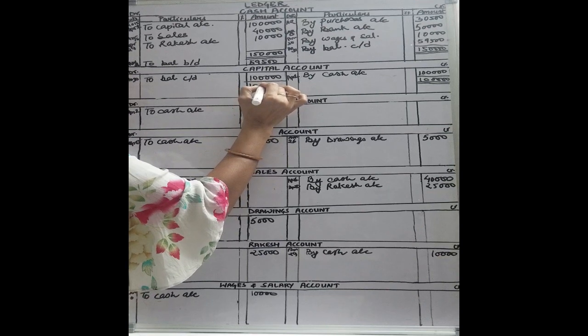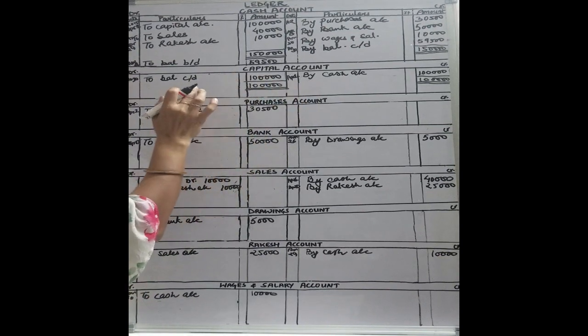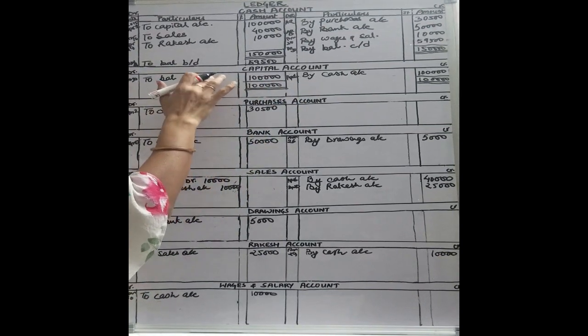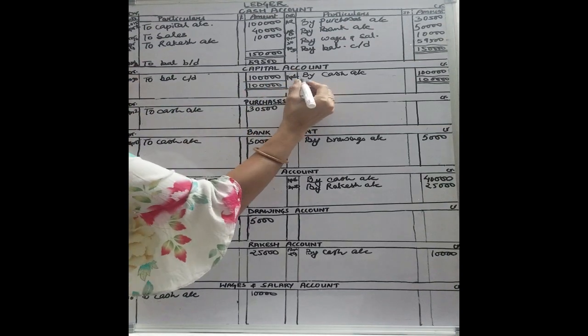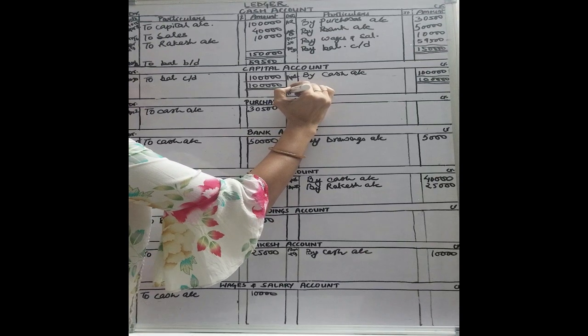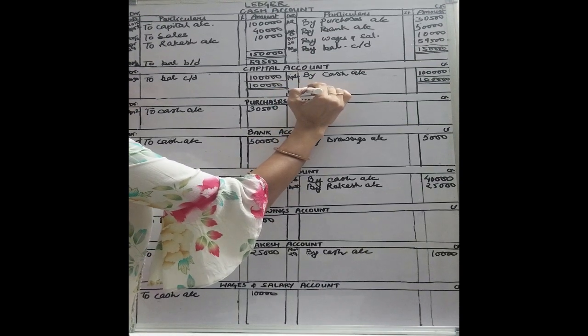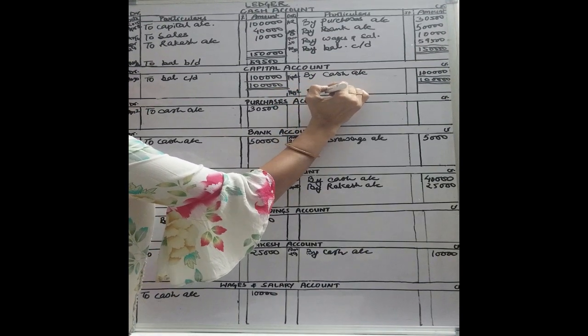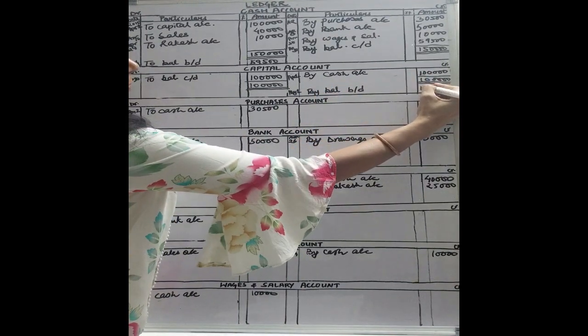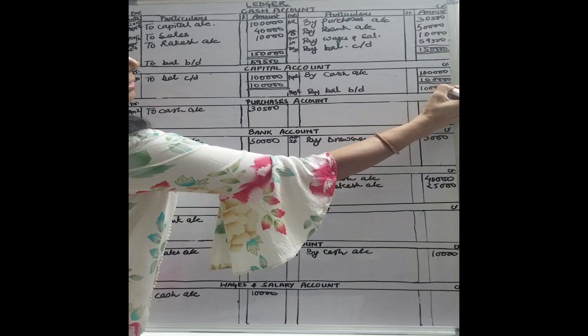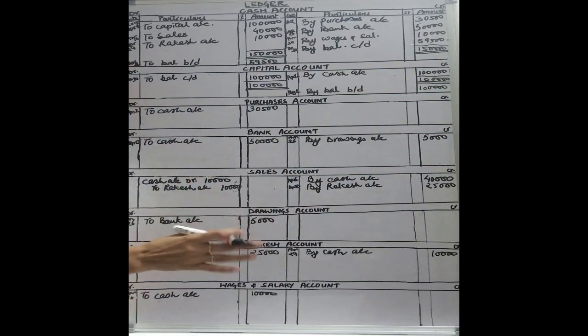It's 1 lakh. Now this amount is the opening balance of the new period. So we'll write it like May 1st by balance brought down with the amount of the opening balance, that is rupees 1 lakh.